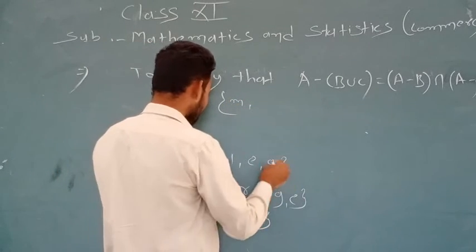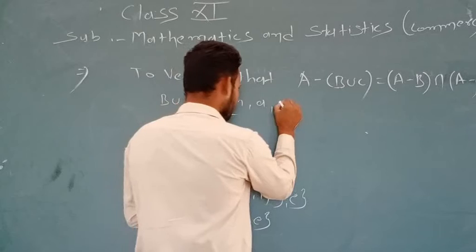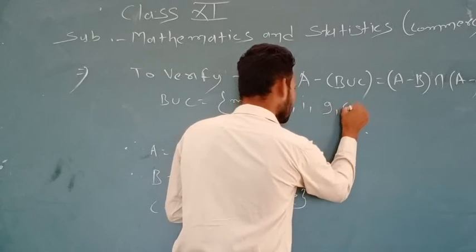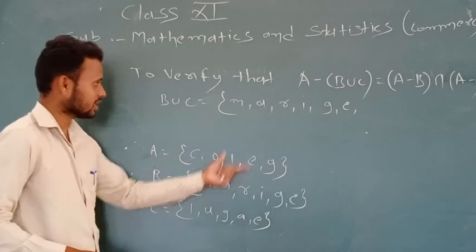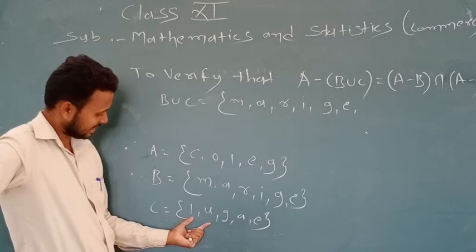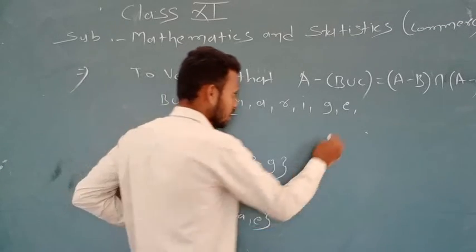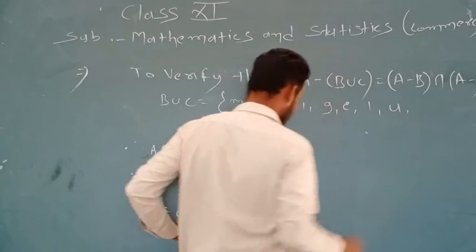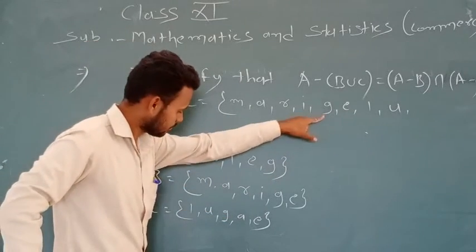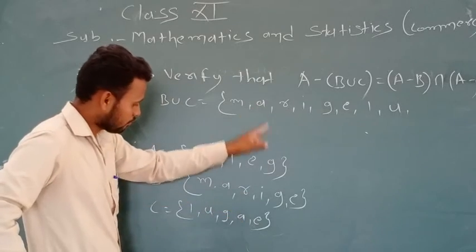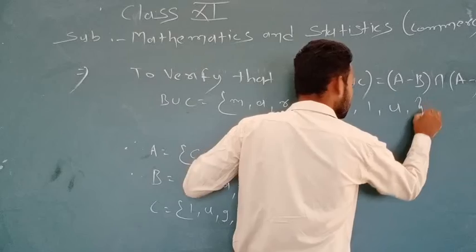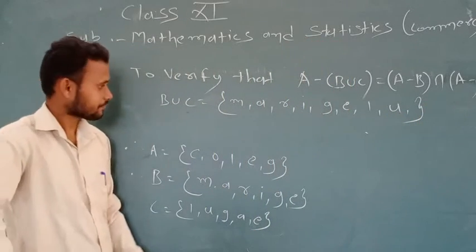B set first we take as it is: M, then next A, then next R, then next I, then G, then E. This B whole set elements as it is. Now next elements of the set C: L, then next U. Now third G, but already we have taken G here. Then next one A also we have. Then E also we have taken here. Therefore B union C contains only these elements.